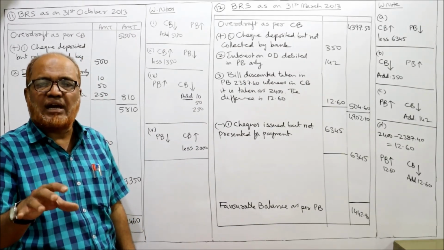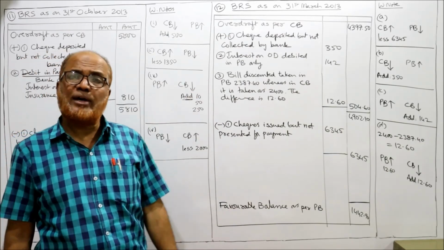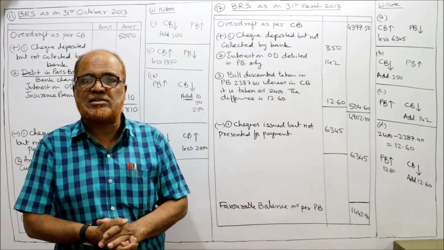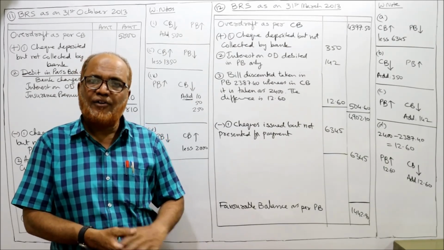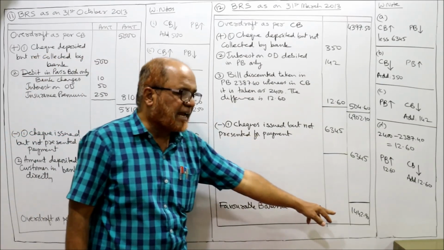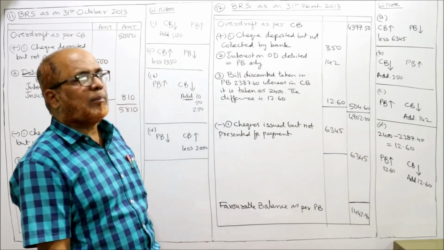So this is the first time we are coming across a situation where cash book is showing overdraft, whereas passbook is showing favorable balance. This will happen when we get the negative figure. So this is the end of problem number 12.